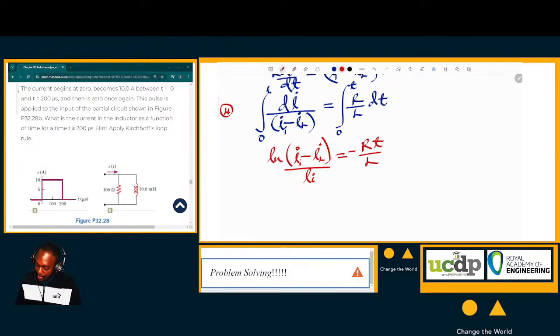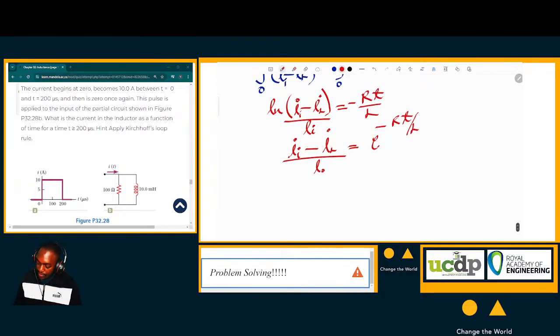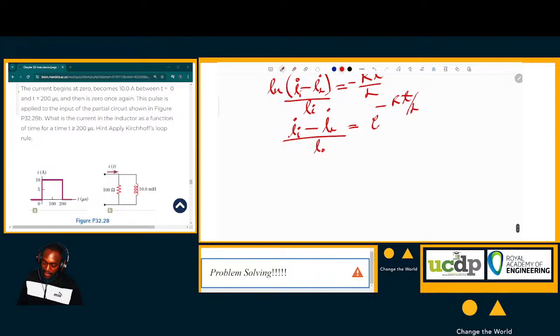And if you put an exponent on both sides, then you'll remain with I minus IL over I initial, which is equals to exponential negative Rt over L. So this will give us the case for an exponential increase.